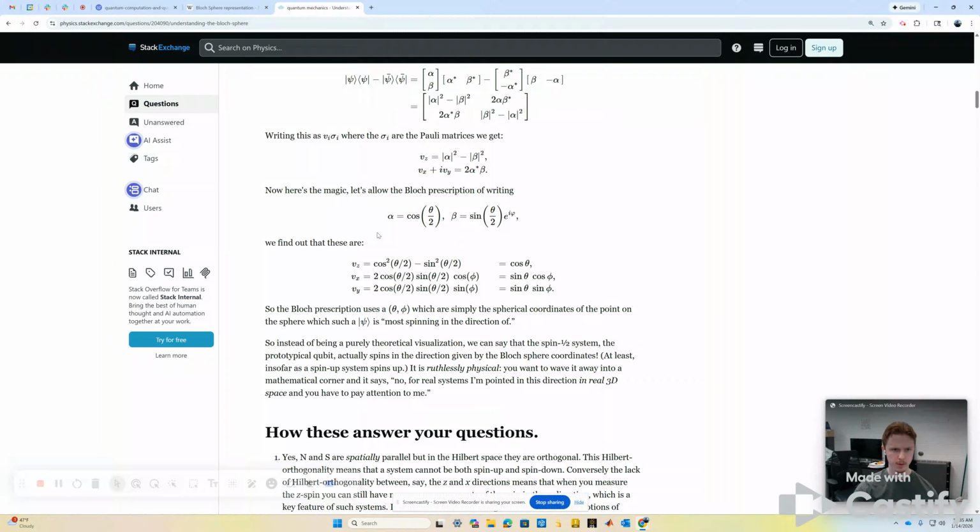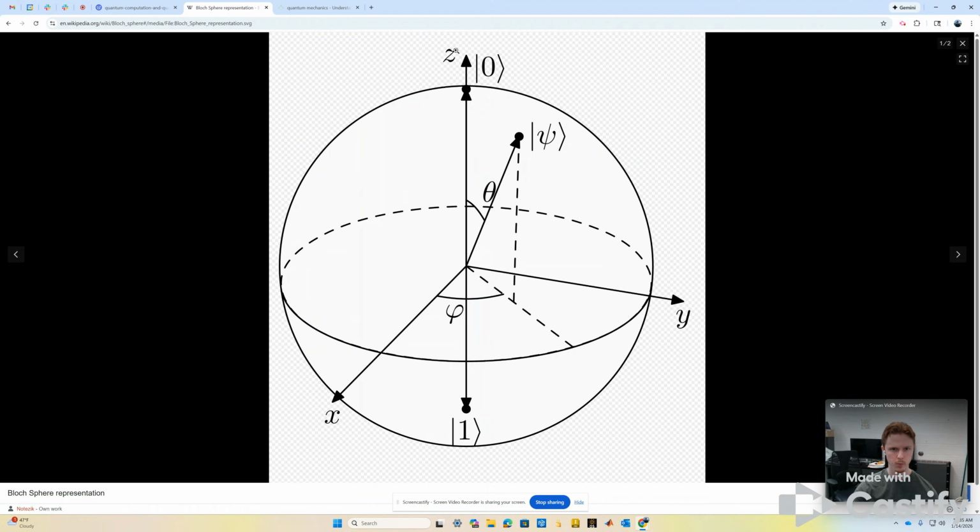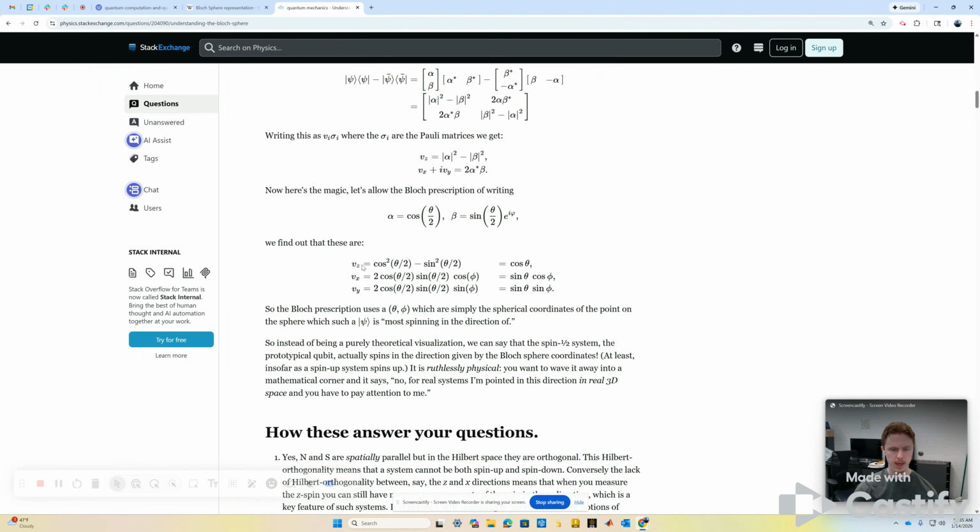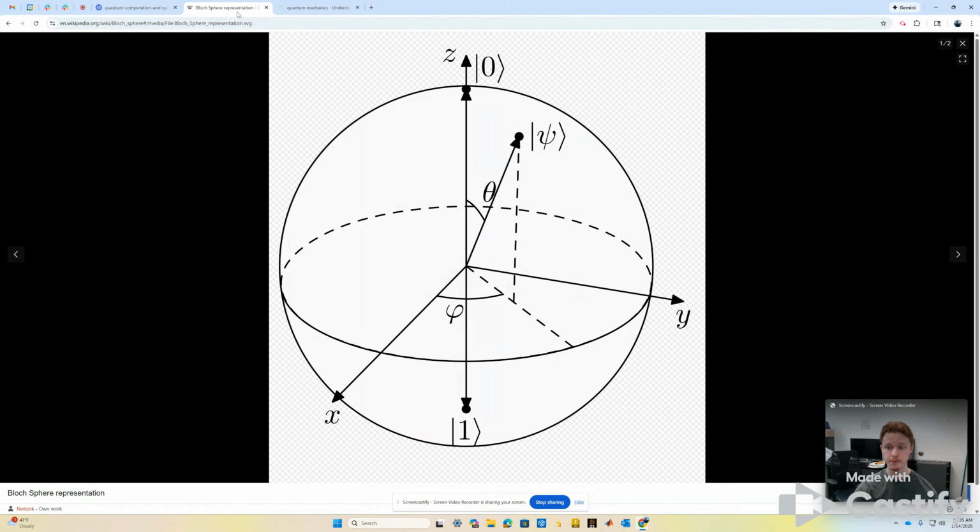So we can represent the sphere with 3 axes, x, y, and z. And those independent vector decompositions in each of those directions are represented like this. Vz is cosine theta, Vx is sine theta cosine phi, and Vy is sine theta sine phi. And this allows us to uniquely decompose every unique quantum state vector onto a sphere.